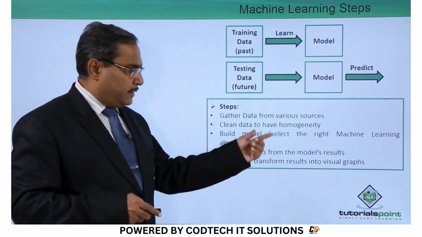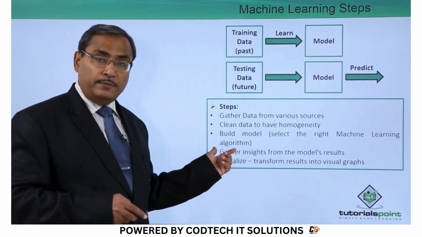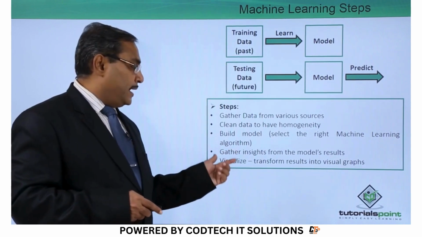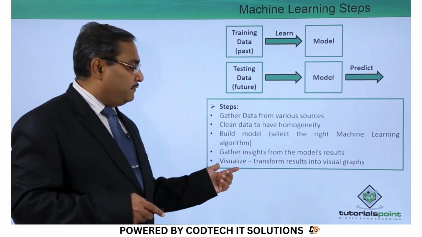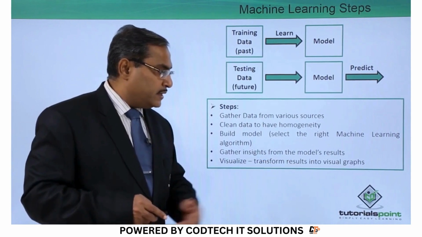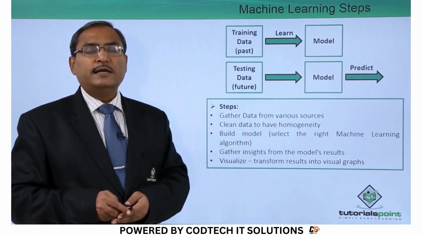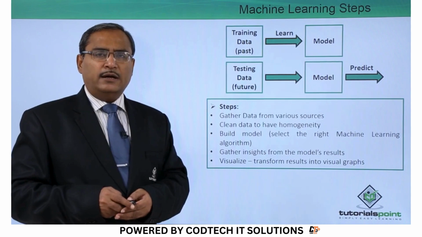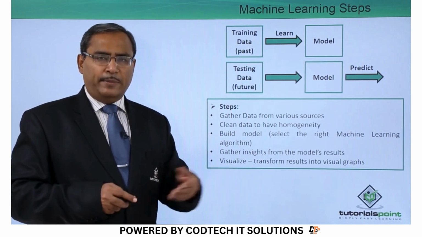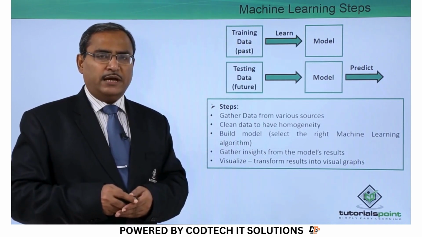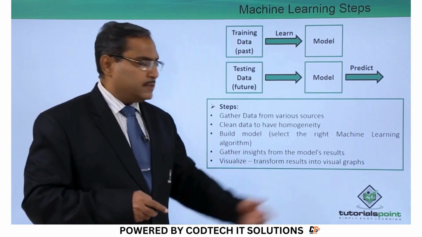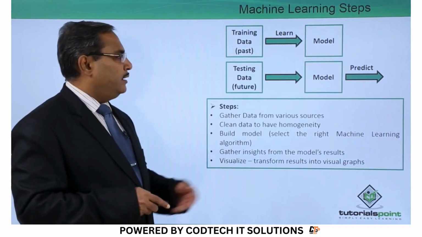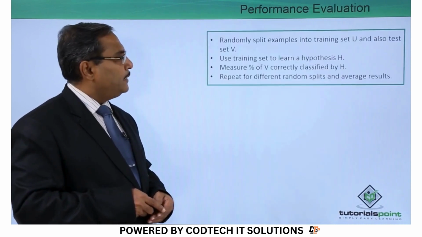Build the model, select the right machine learning algorithm which is applicable there, and gather insights from the model's results and visualize, that is, transform results into visual graphs. Obviously having data in a table and having a graphical representation of the data will be more comprehensible. So transform results into visual graphs and representations.